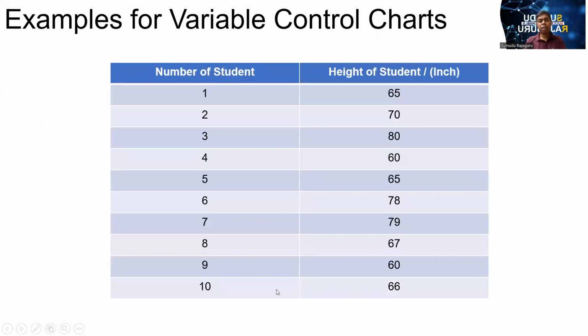Okay, this is a simple example. There are 10 students here. For those 10 students, we measured each individual person's height in inches. When we draw the control chart, it is simply like this. This is the control chart, a simple control chart.